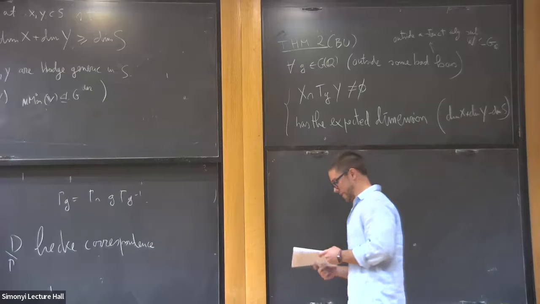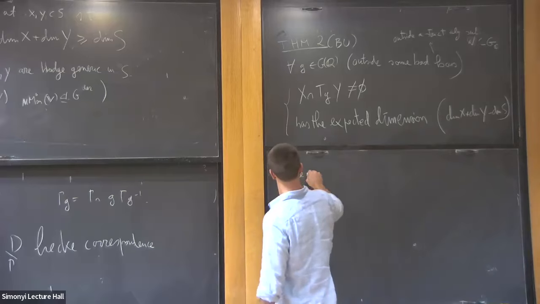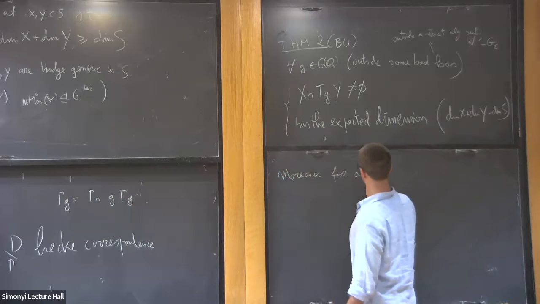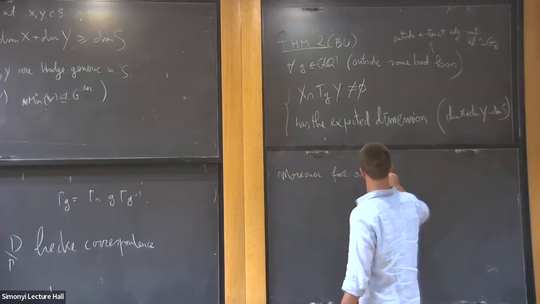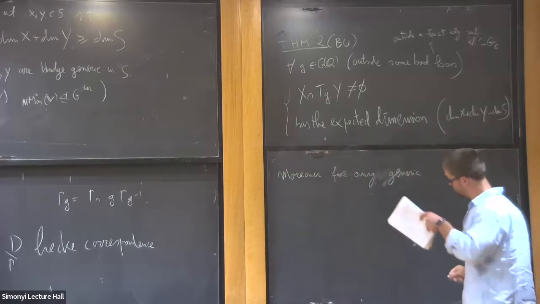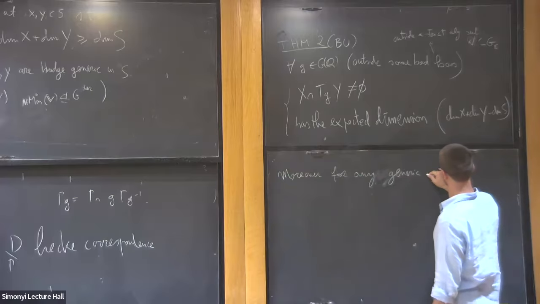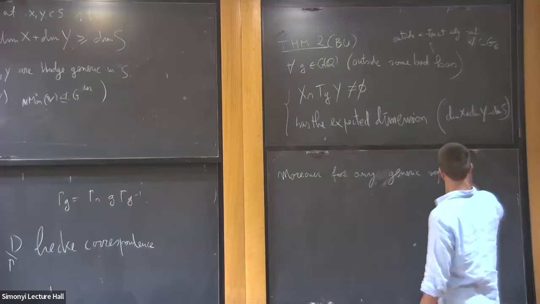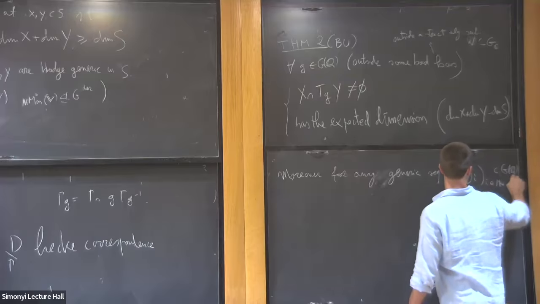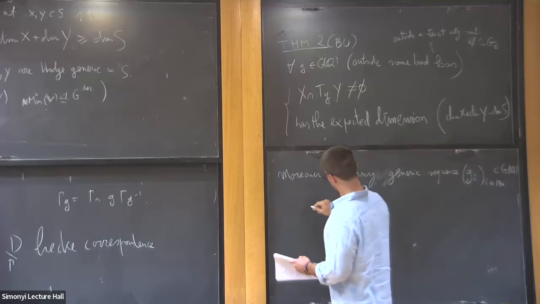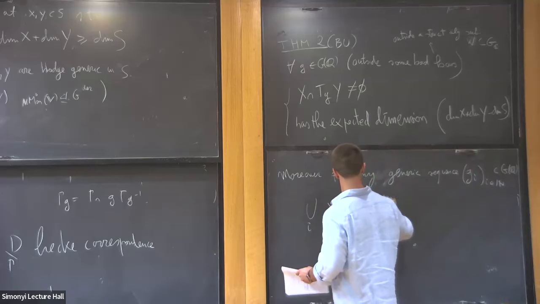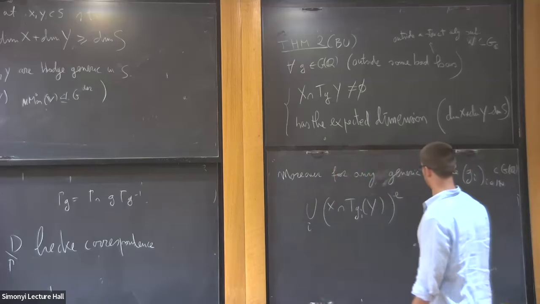Moreover, this second part is more similar: for any generic sequence, generic meaning just it converges to a generic point of G(Q) for the Zariski topology, the union along i of X intersect g_i Y of the expected dimension is dense in X.